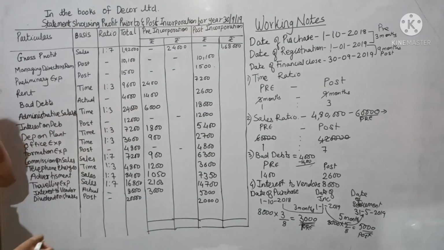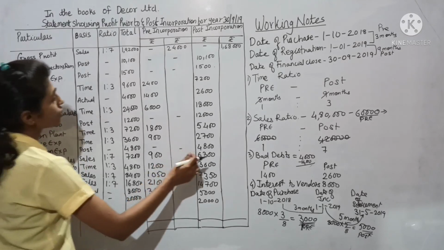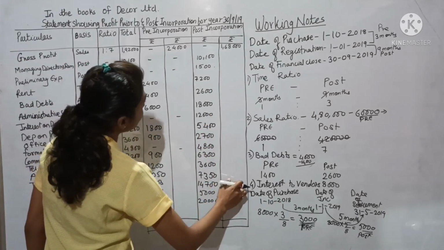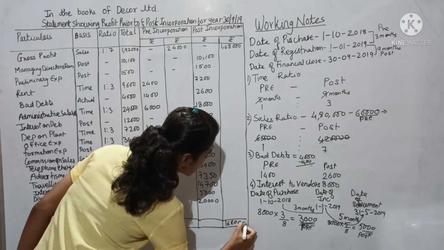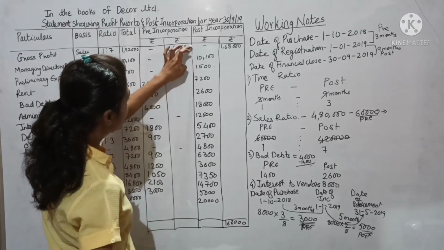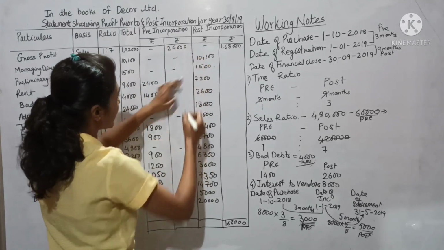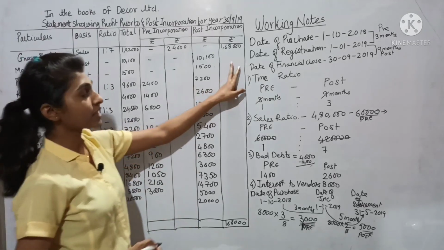Okay, so now close the statement of profit prior to incorporation and post-incorporation. The total of the credit side is 1,68,000, and add all the values on the debit side. So you will get the debit side less and the credit side more.